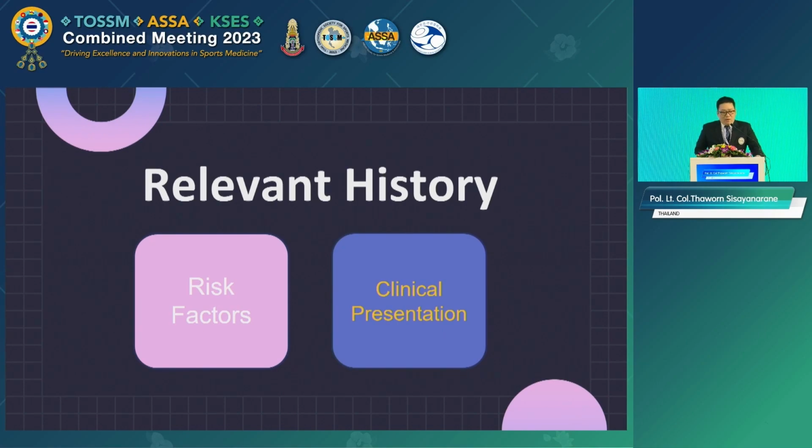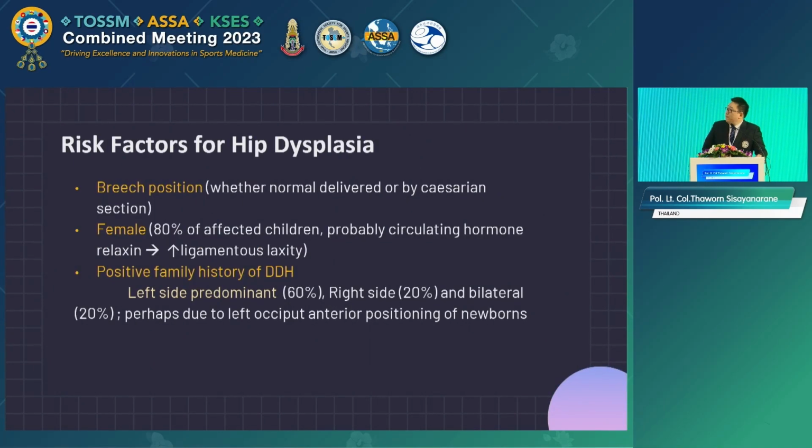Okay, on the history, we have to look for two key factors. The first is the risk factor, and the second is the clinical presentation. For hip dysplasia since newborn or infancy, there are three main accepted risk factors that are significant for dysplasia.